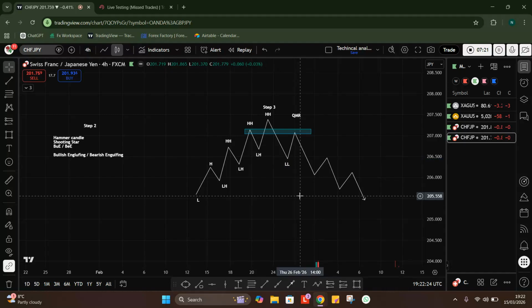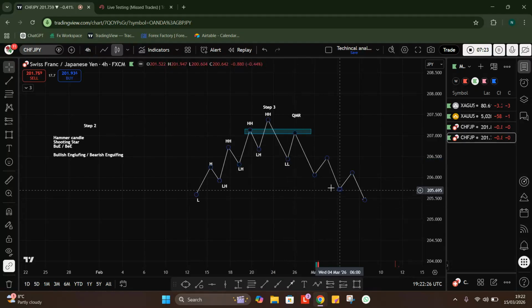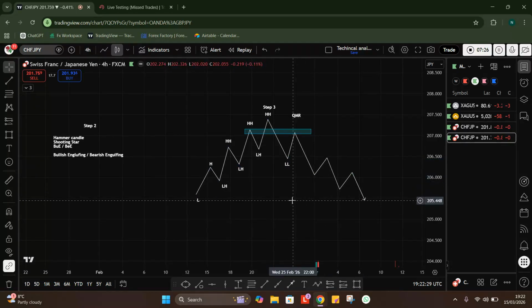Guys, very simple, very easy. If you've watched one YouTube video about trading, you've probably seen this before. And then when you get the higher high, you get in the lower low, and then you get in the QMR.